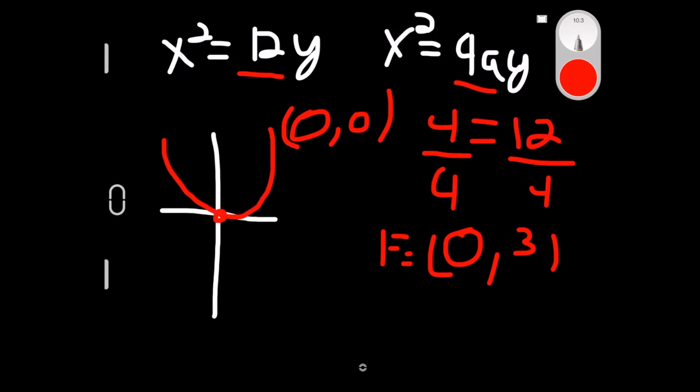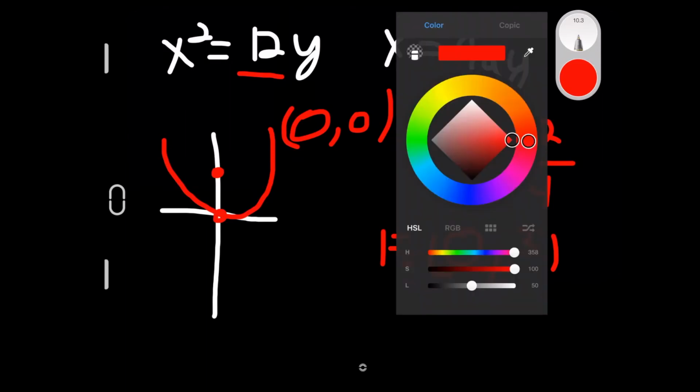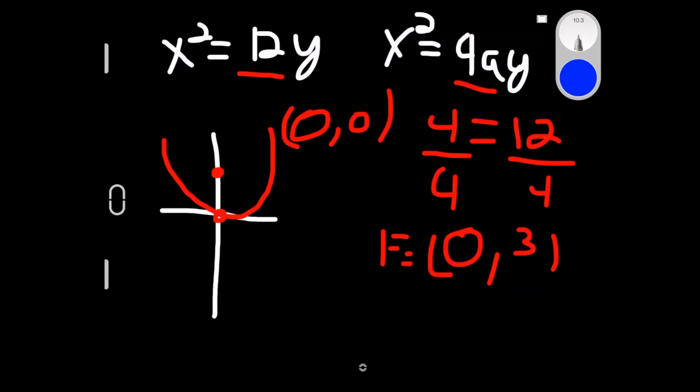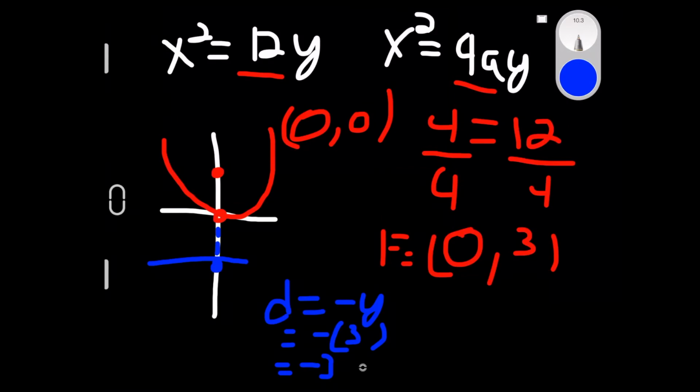The focus is right over here, and the directrix can be obtained by substituting. The 3 on the y, so we just multiply it, so you get negative 3. So it goes back out to here. Here comes your directrix, and then you have it.